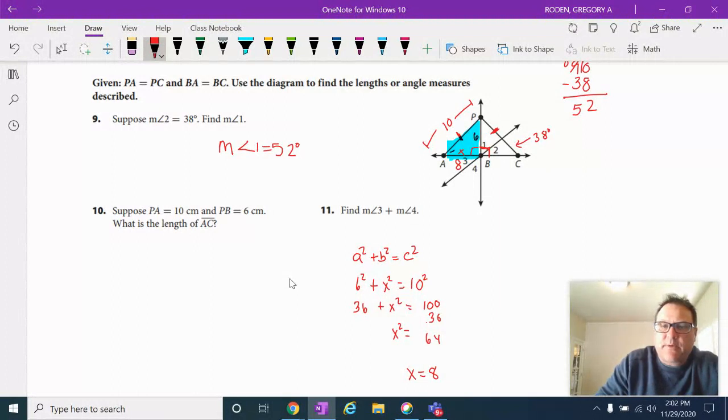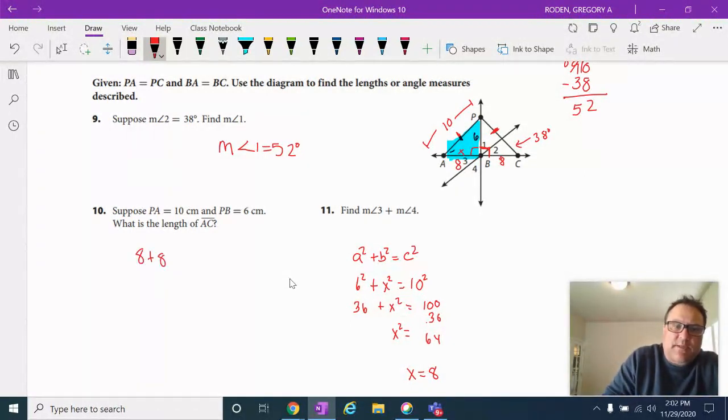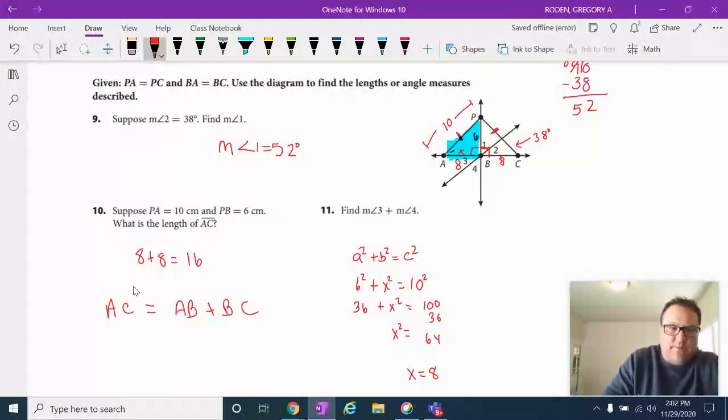Since it's a perpendicular bisector, by definition, BC also has to be 8. So we can say 8 plus 8 equals 16, because remember, by the segment addition postulate, AC is equal to AB plus BC.